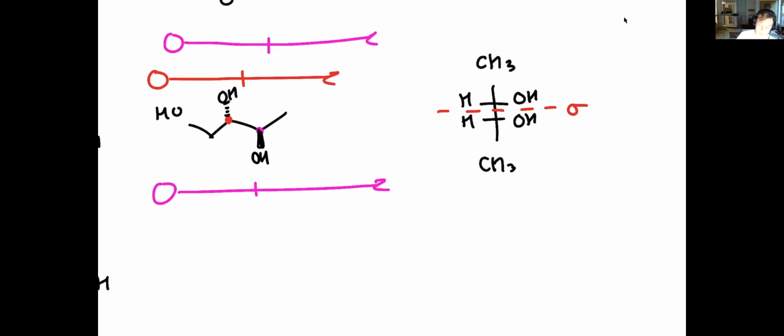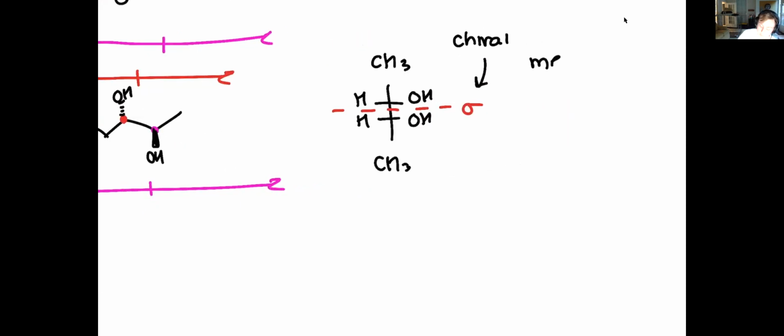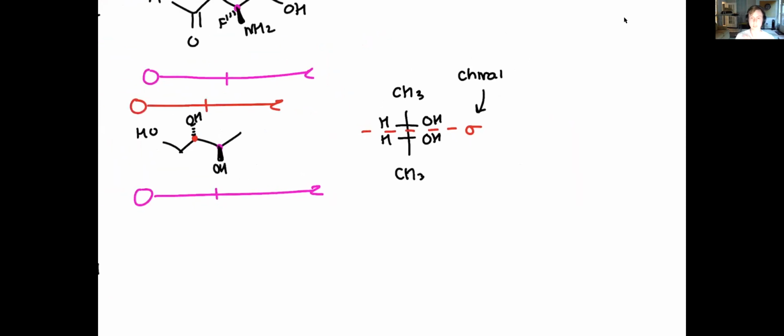There could be examples where it's vertical. I think we have one, but just keep an eye out for that. And in most cases with Fischer projections, again, not all, but most, they have chiral centers. So if you see that sigma plane, then you can say that it's meso if there are chiral centers. So we're pulling in a lot of different concepts here.